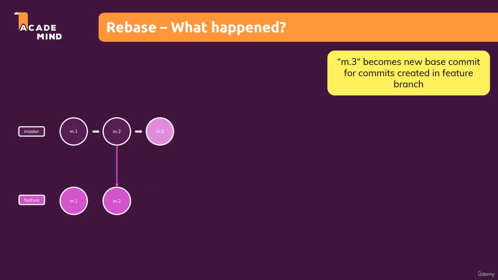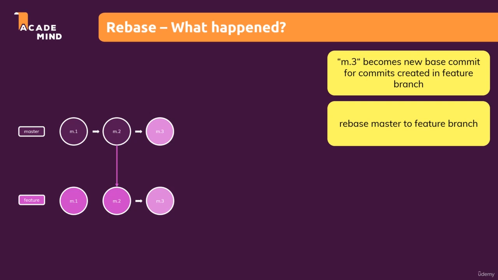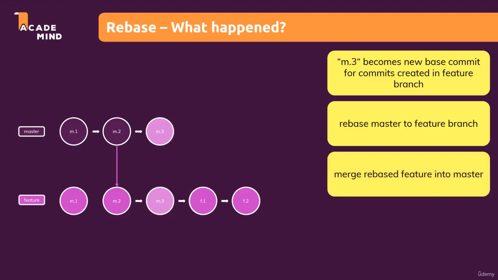So basically this third master commit is now here with that rebase command, meaning we rebase the master in the feature branch. So the changes in the feature branch are now based on that latest commit in the master branch, like this in the end. With that, we have a clear commit history, so to say. Then as a next step, we can simply use our merge, we learned about that previously, to merge this rebased feature branch into the master branch. This is what we saw on the last slide, and this is what we can do with that rebase.